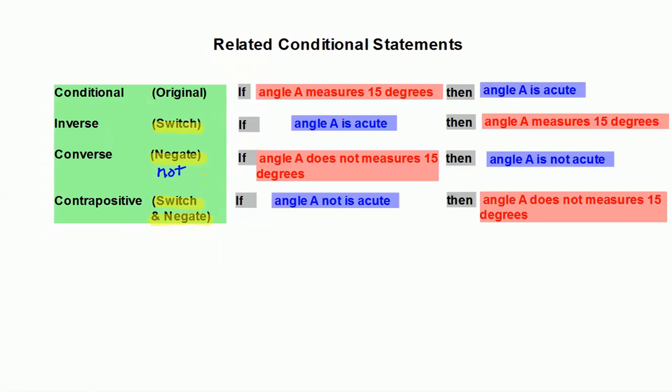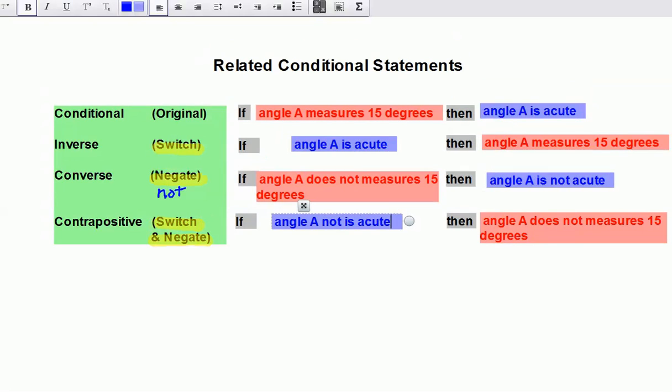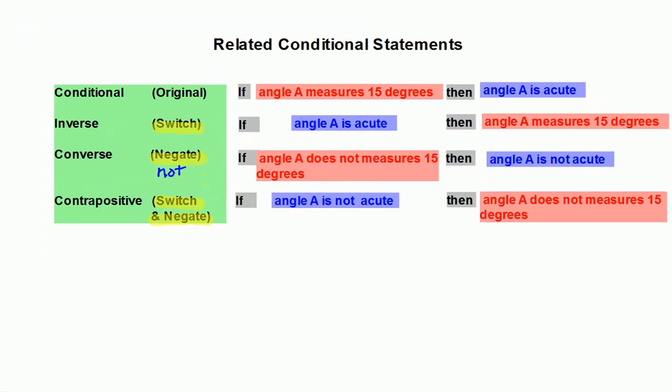So now my statement reads, if angle A is, I think I put this backwards, I should put is not acute, then angle A does not measure 15 degrees. So these are your 4 relatable conditional statements.